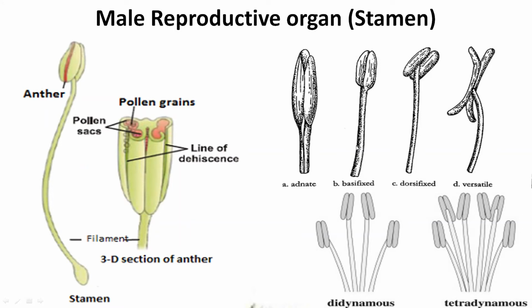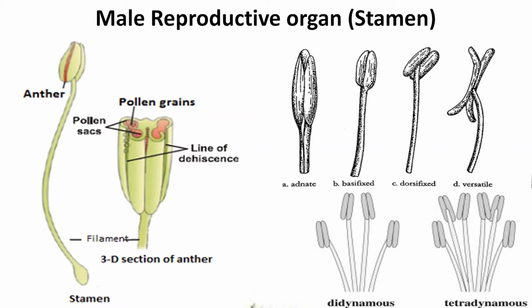In case of adnate, this type of filaments are seen in Magnolia, Nymphaea. These plants, etc. The examples I am giving: Nymphaea, Magnolia. See, this is basifixed. I will give two examples. Basifixed is where the apex of the filament becomes firmly attached to the base of the anther.